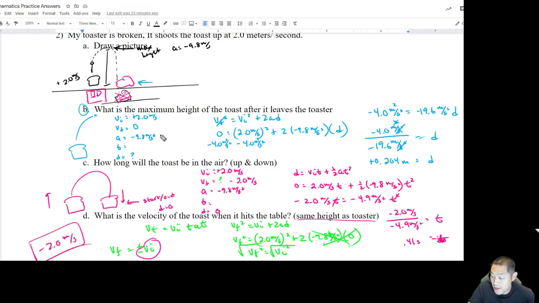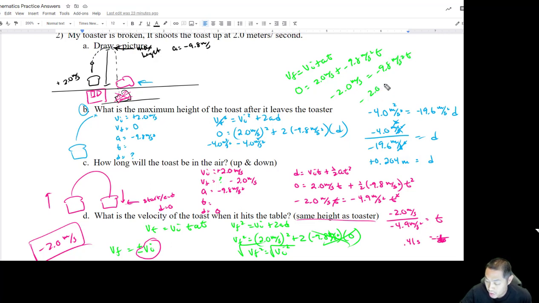If we solve for time here, I want to show you another property. The easiest one is this one, VF equals VI plus AT. Here VF is 0, 2.0 meters per second plus negative 9.8 meters per second squared t. Move the 2 over, negative 2.0 meters per second equals negative 9.8 meters per second squared t.